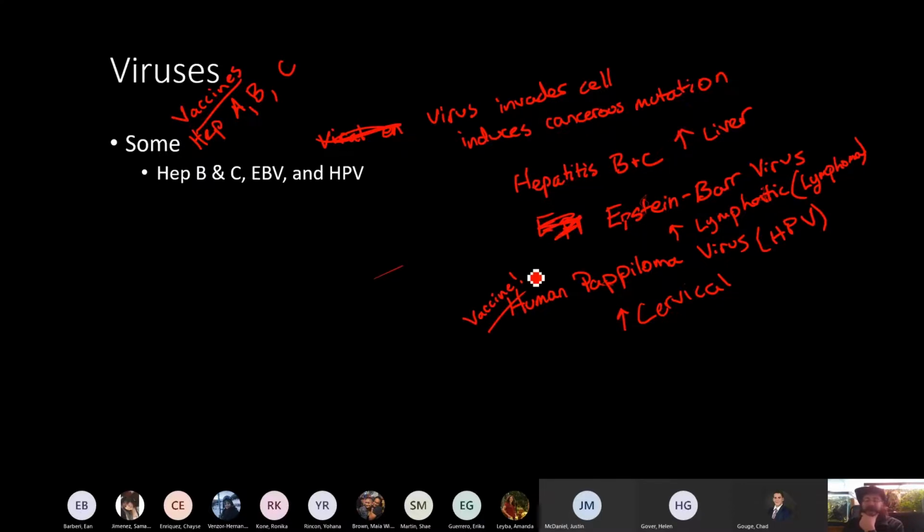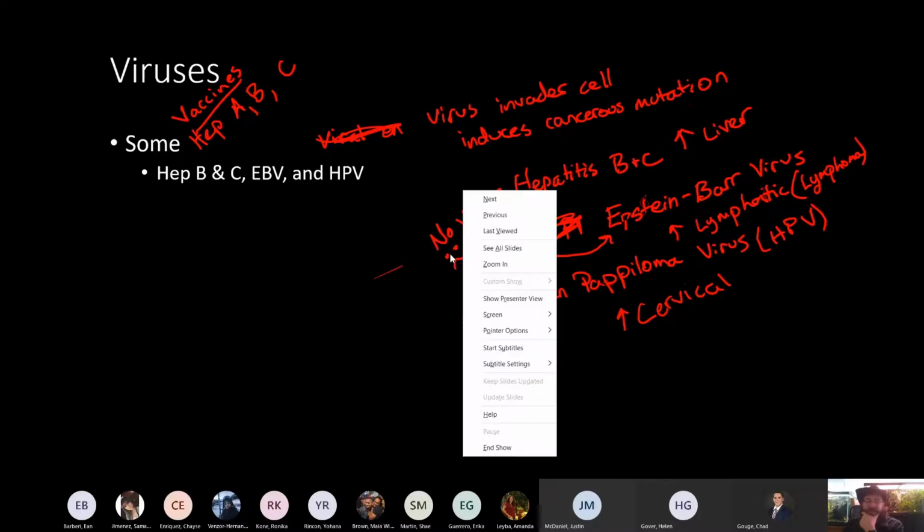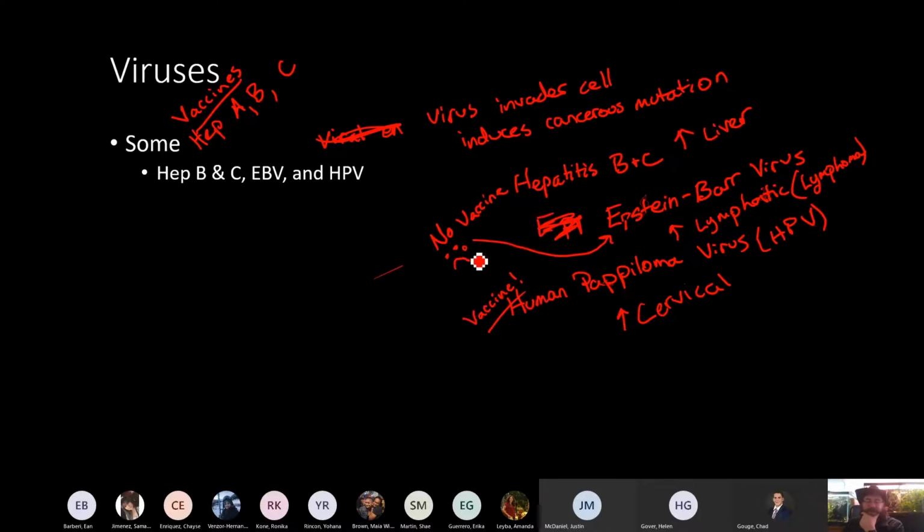The only thing we do not have a vaccine for in this list is EBV, Epstein-Barr virus. No vaccine. Sad face with a tear. It looks like multiple eyes coming down, but whatever.